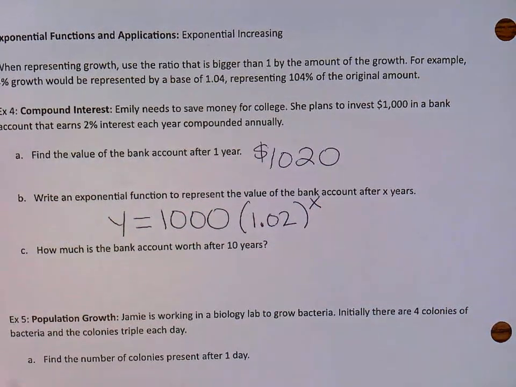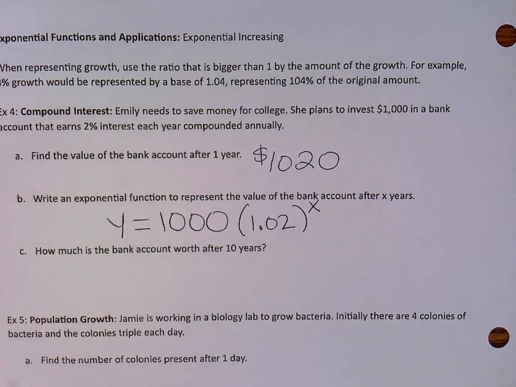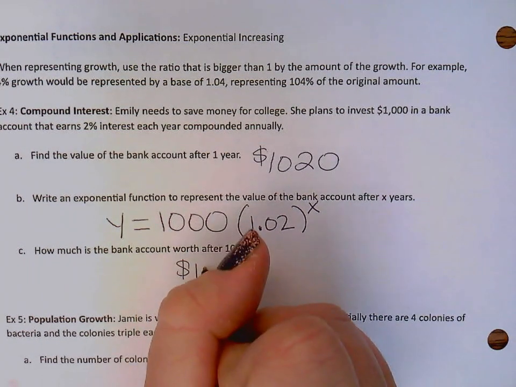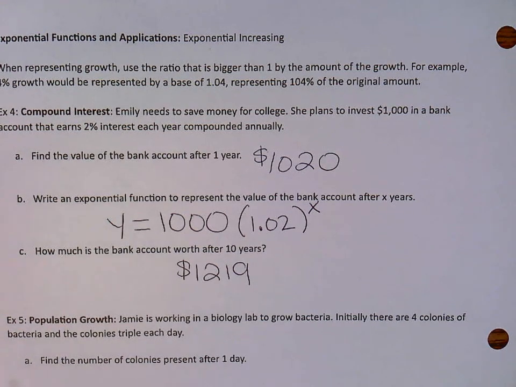That should make sense. 2%, you could do that one in your head probably with 1,000. So then try to do the 10 years. It compounds again and again and again. That's what you want at annual compounding. So did someone get an answer for 10? What'd you get? 1,219. Yep. So not gaining a whole heck of a lot over 10 years. 2% is pretty low interest. All right, so that's increasing money.